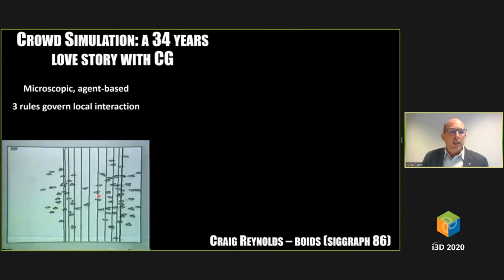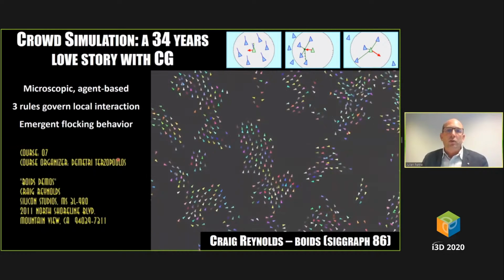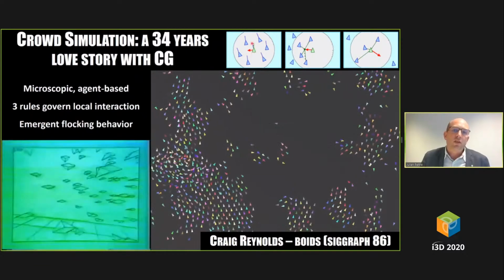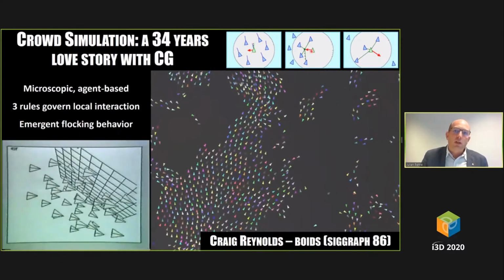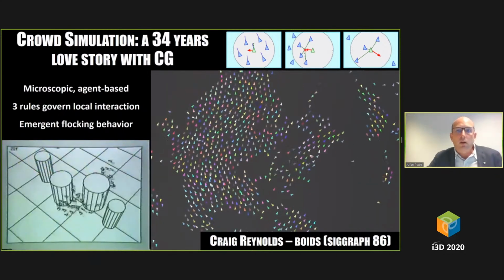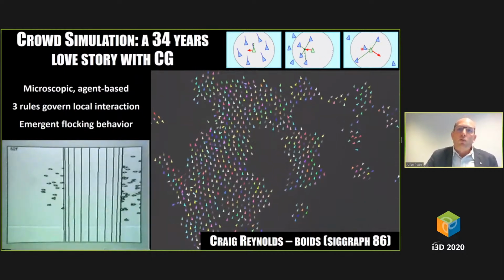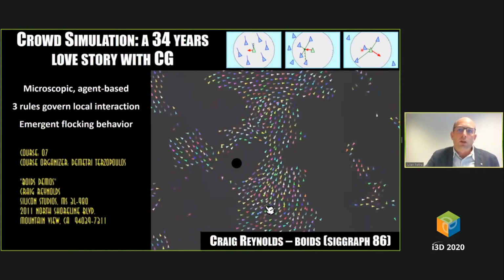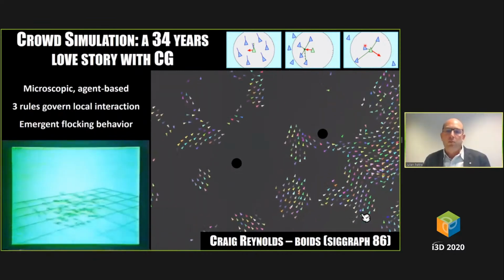In the boids technique, there are three rules that govern those local interactions, displayed at the top. One is that each boid aligns its motion with its neighbors. It also tends to group with other boids, so it tries to reach the barycenter of the neighbors' positions. And there is also a separation rule to avoid collisions between boids: whenever two boids are too close, there is a sort of repulsive force that pushes them away.